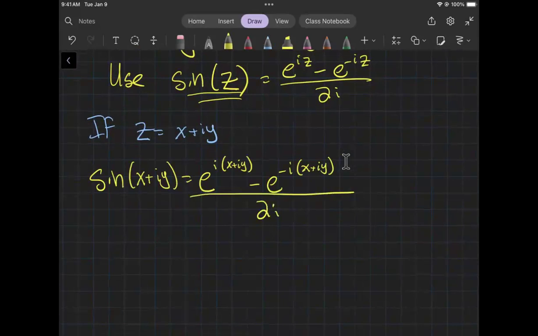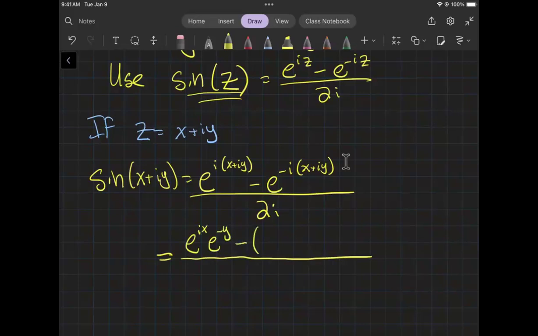Okay, and so this quantity would equal e to the ix times e to the minus y, and then we'll have a minus e to the minus ix times e to the y, over 2i.